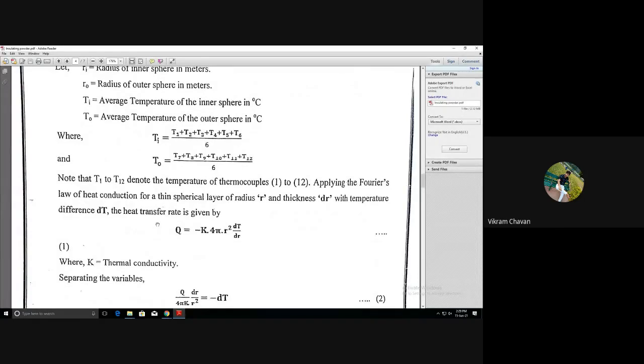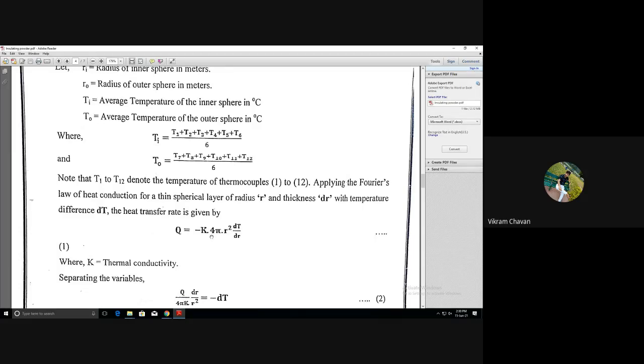According to Fourier's law, Q is equal to minus K multiplied by A multiplied by dT divided by dr. That is the change in temperature with respect to length. Normally we consider dT divided by L, but here dT divided by dr, because we are measuring the thickness in terms of the radius of the sphere. That is the temperature gradient, and we know this formula on the basis of Fourier's law.